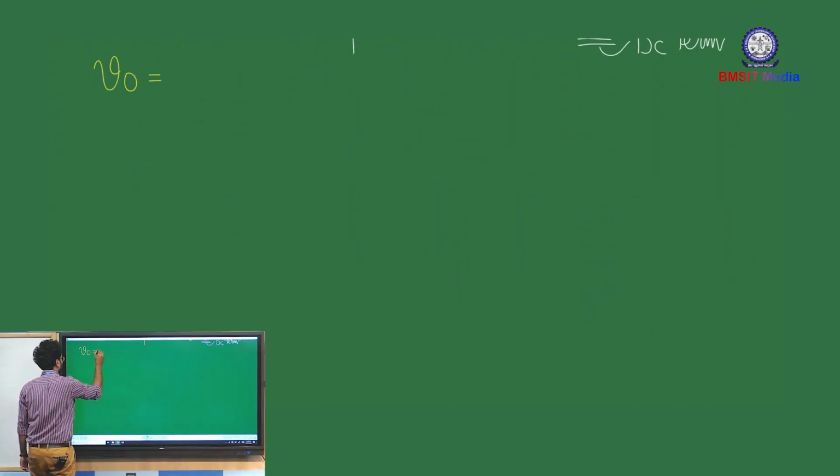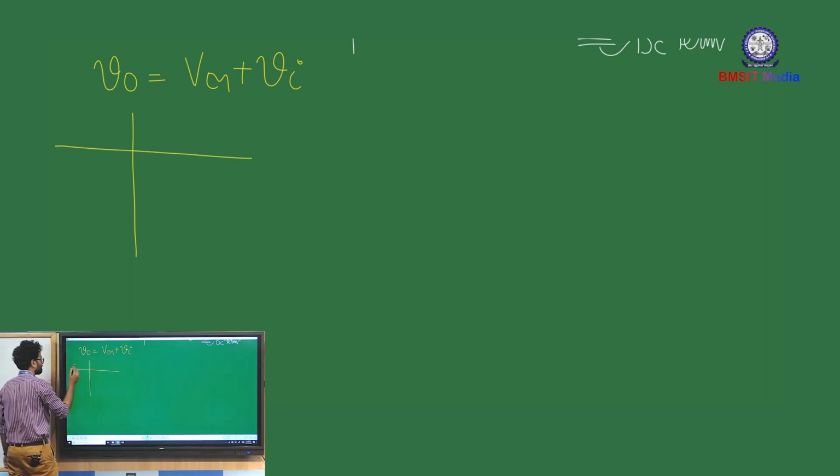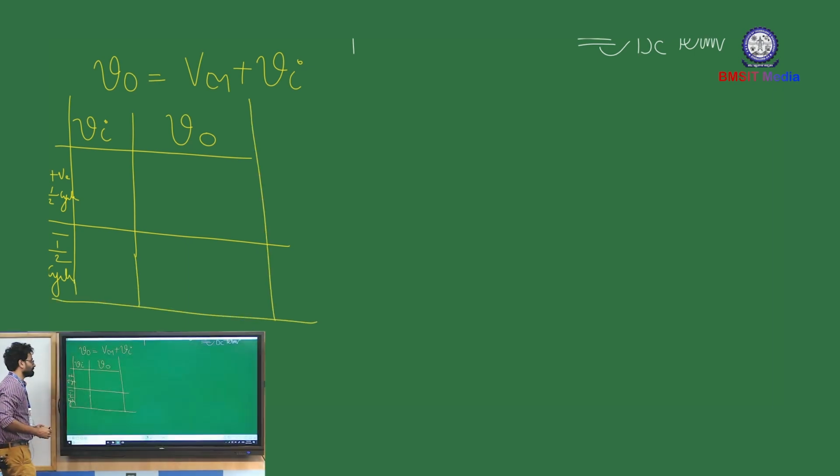We have obtained V0 is equal to Vm plus Vi. So we can make a small table. This is your Vi and this is your V0, with one part for the positive half cycle and one for the negative half cycle, so in a single table you can comment on the status of both.